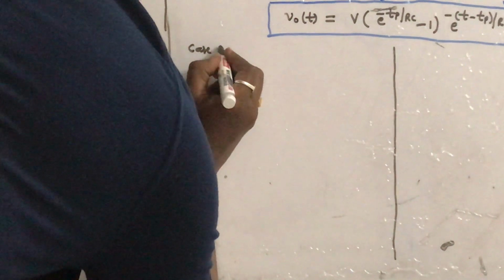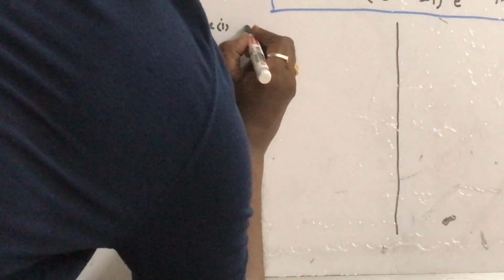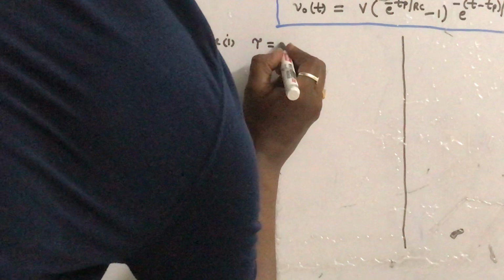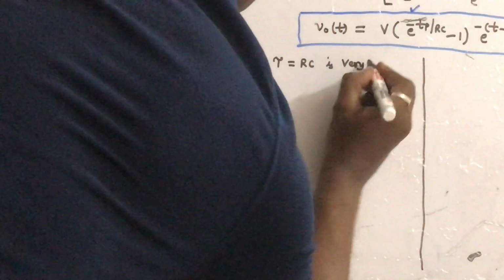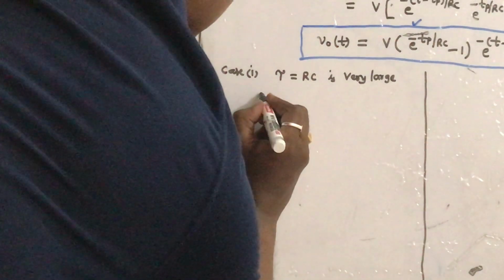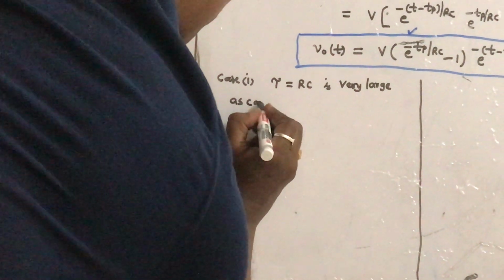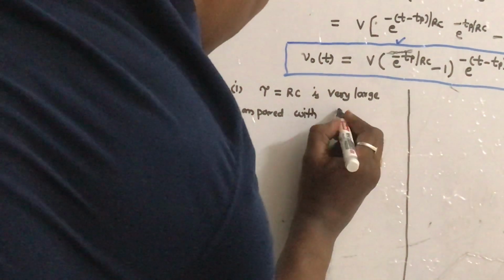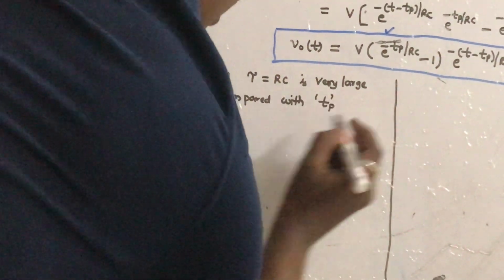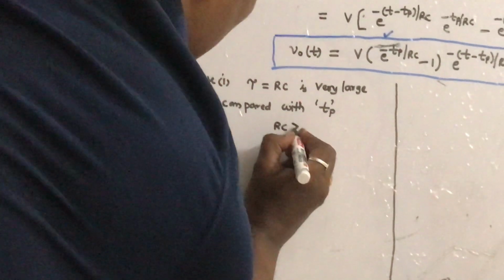Case 1: if the time constant tau, that is RC, is very large as compared with the pulse width Tp, or you can also write it as RC is much greater than Tp.